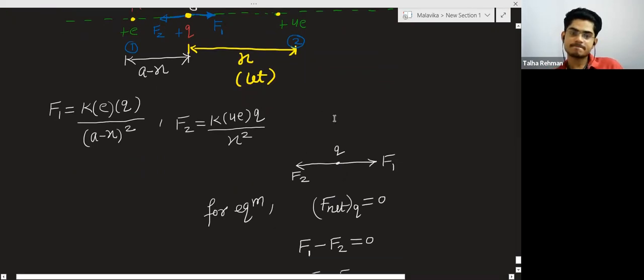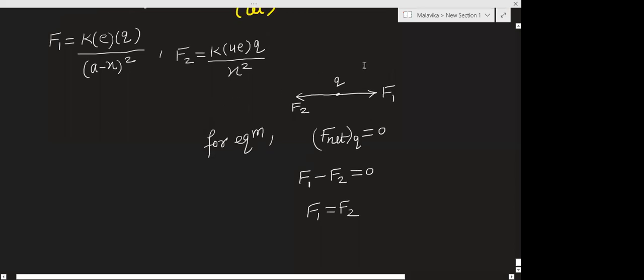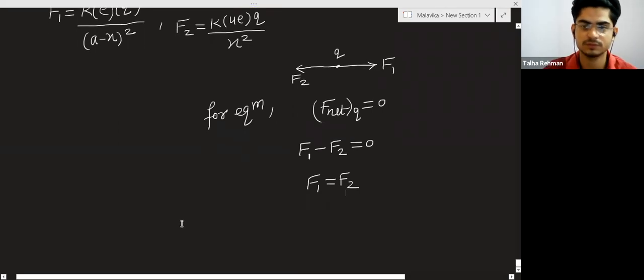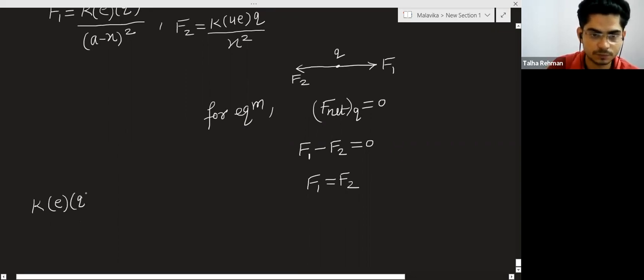It means these two forces will be equal, so I will equate the two forces. What is the value of F1? K e Q divided by (a minus x) squared. And what is the value of F2?